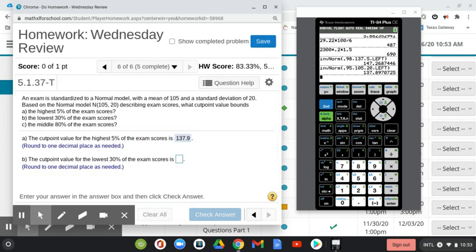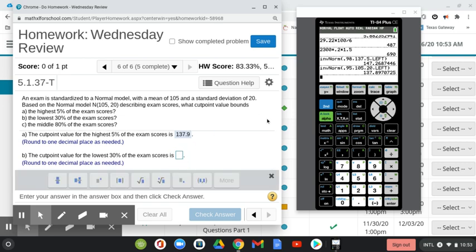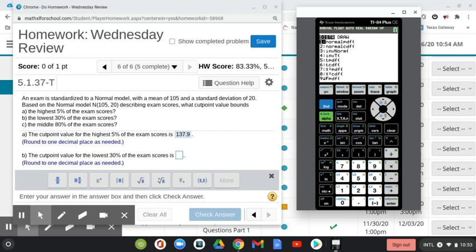Okay, the cutoff point for the low is 30%, so the lowest is still the left. If you wanted to do the right, you would just do right 5% on the first one. I just prefer to look at everything from the left. Okay, so second vars, 3.